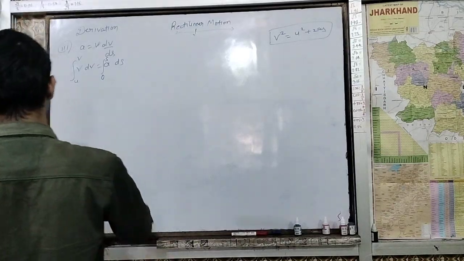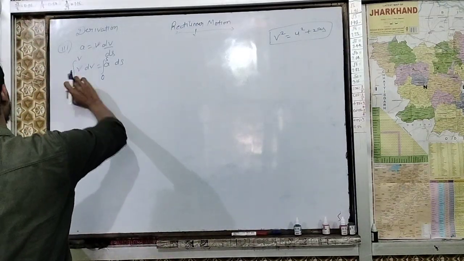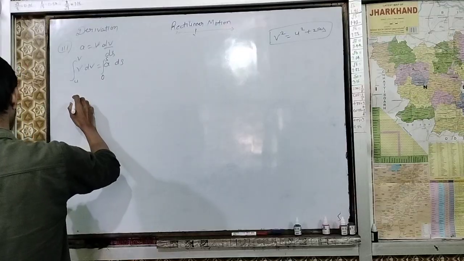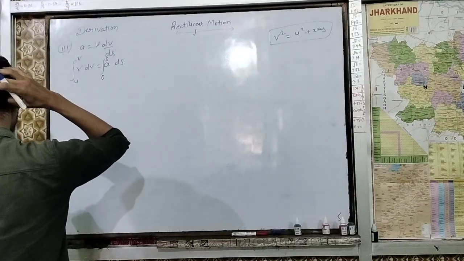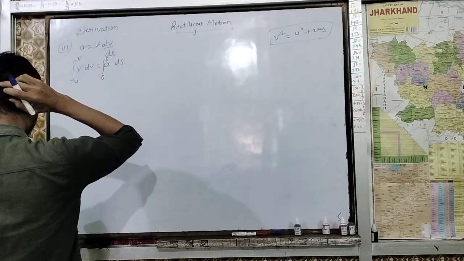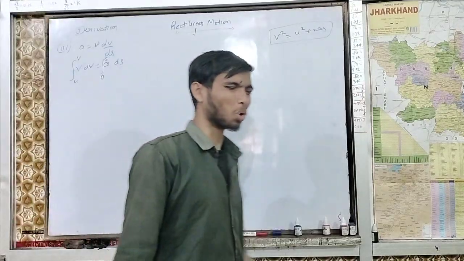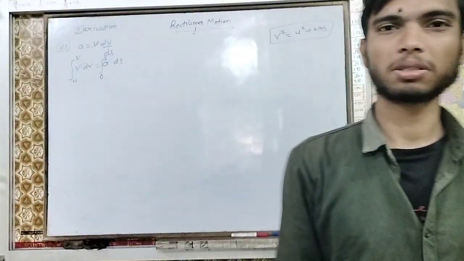V is a velocity, and you know v is not going to be constant.